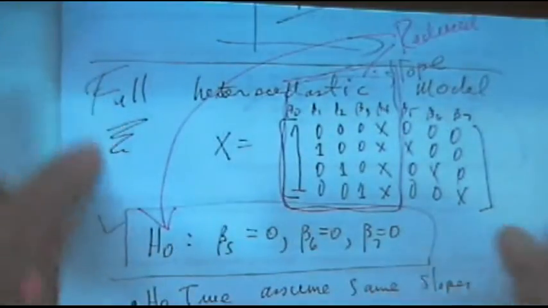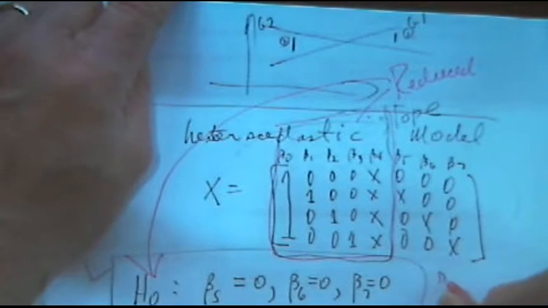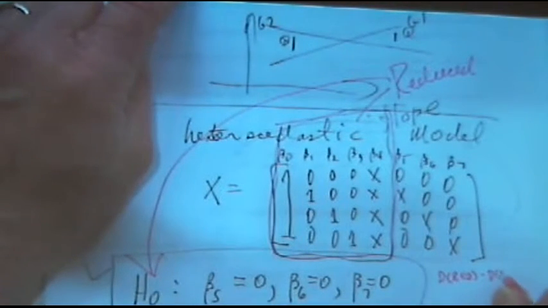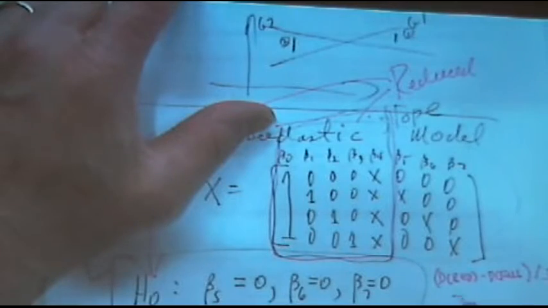Or this hypothesis. So then it would be D red minus D blue. Blue is always smaller. There's 3 constraints, and you just divide by that.